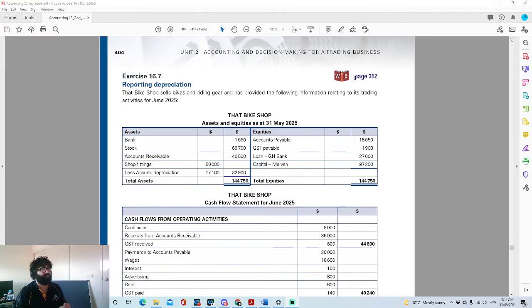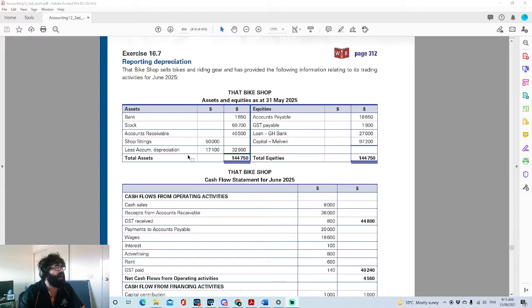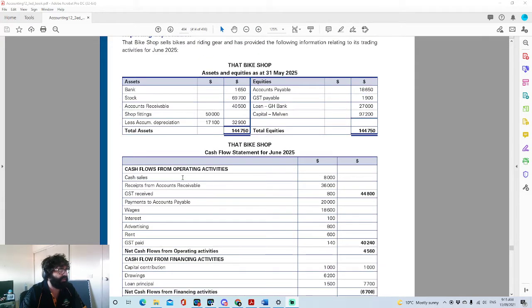So today we're reporting depreciation, and we're going to be using all the reports. We've got an unclassified balance sheet for the last month, and then a cash flow statement for the next month.